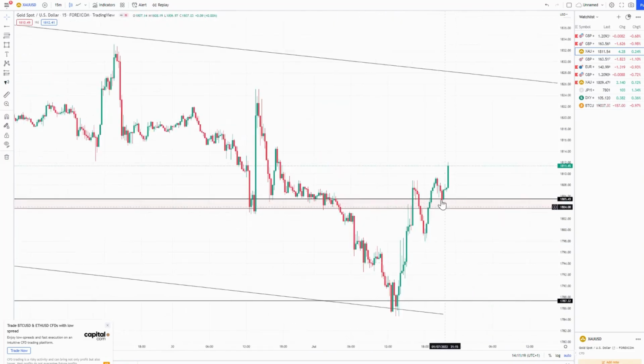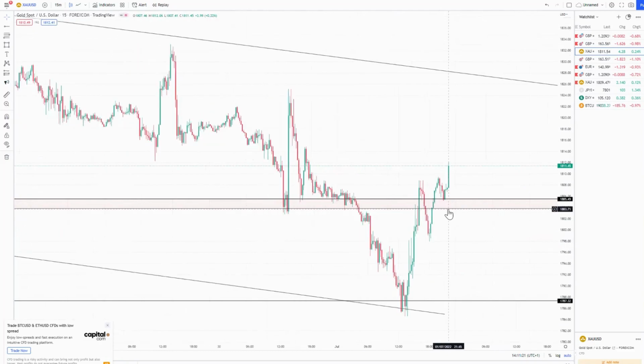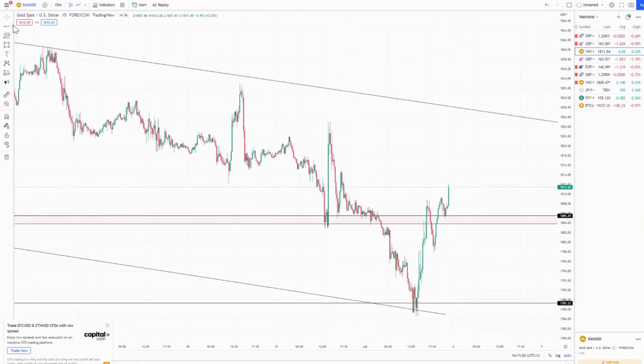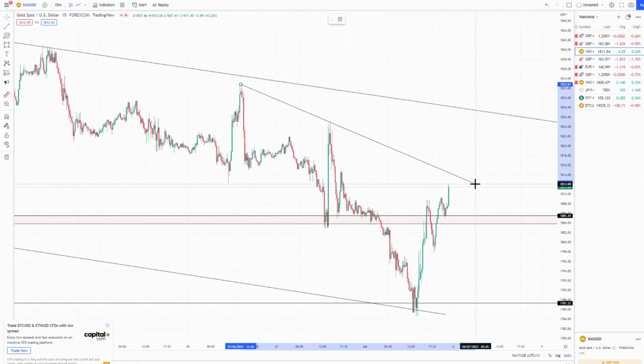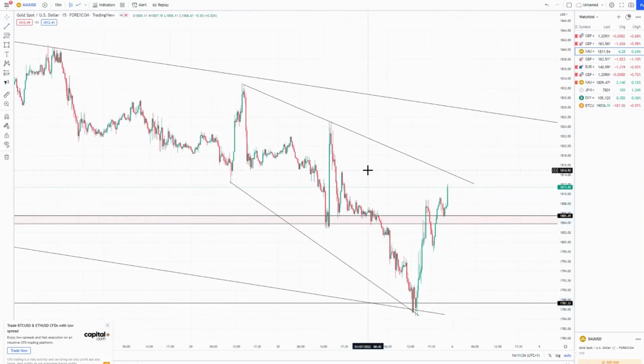Gold even bounced. Gold already bounced off from this place. So I think we can also mark another inner trend. Okay, I can see something like this. Okay, good. So this is another inner trend.